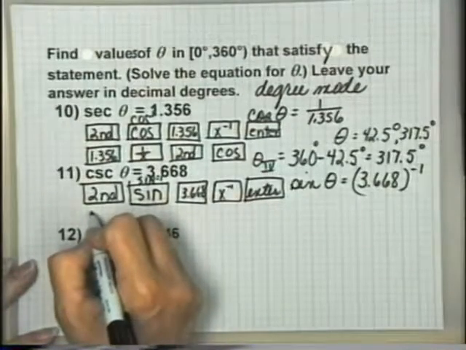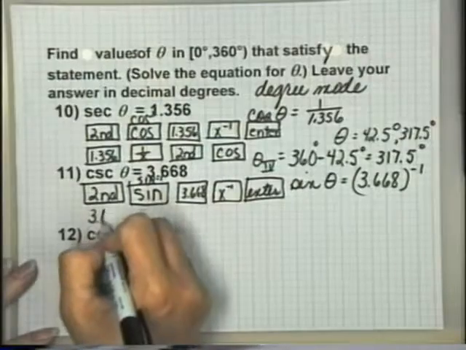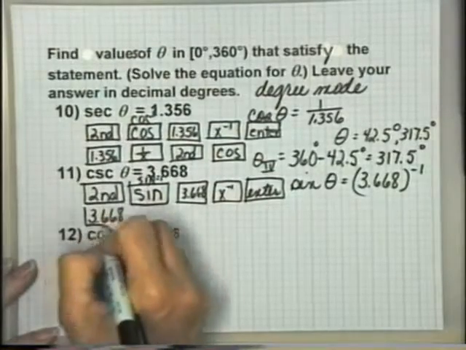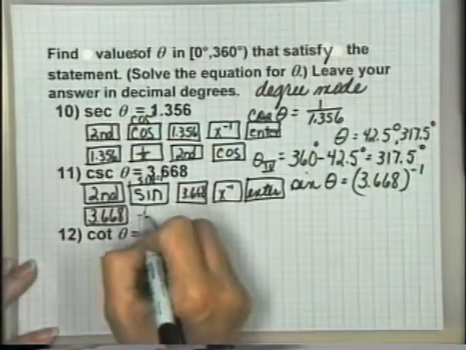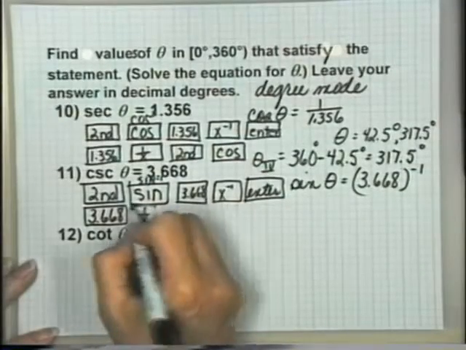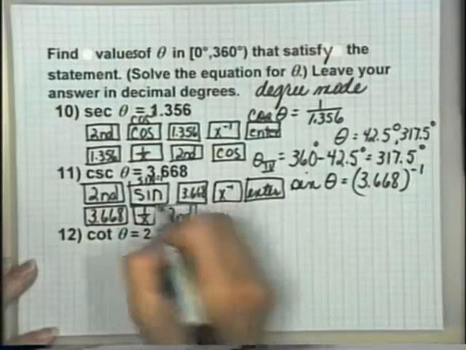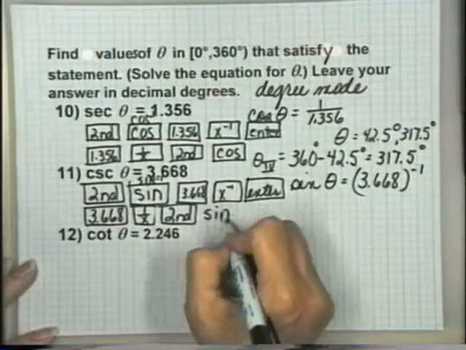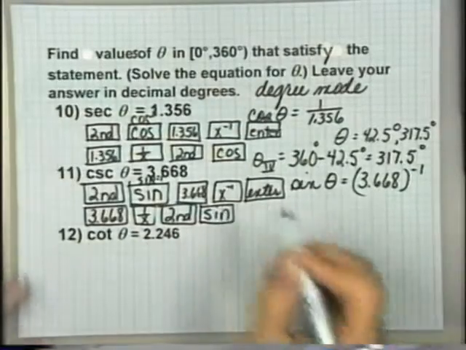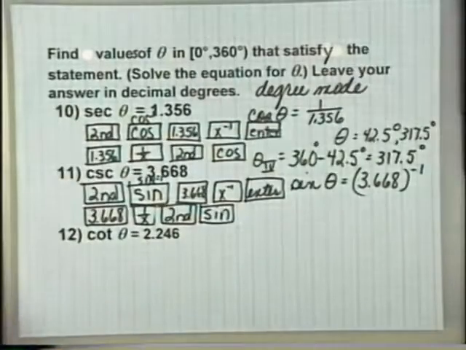On your scientific calculator, enter your 3.668, hit your reciprocal button, then your second function, and then your sine. And let's see what we get here.